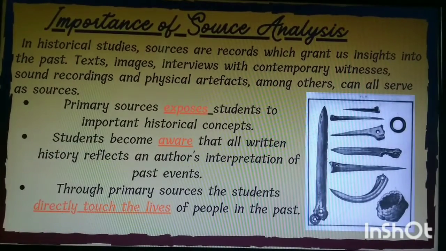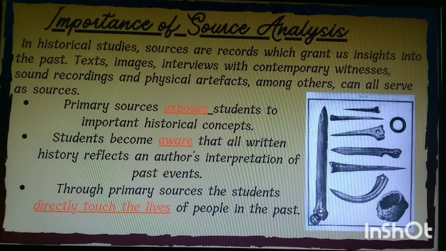When we talk about different type of sources, now let's understand why these sources are important for us to study. In historical studies, sources are the records which grant us insights into the past.